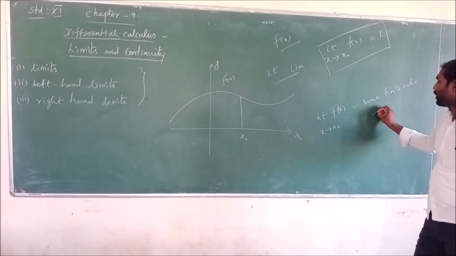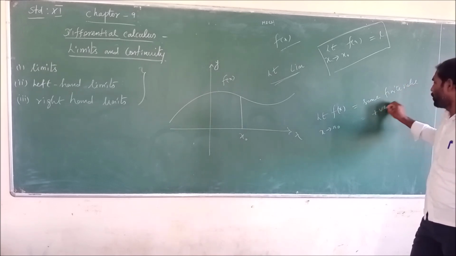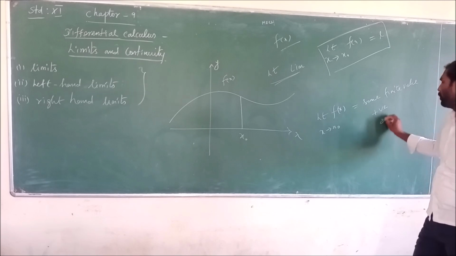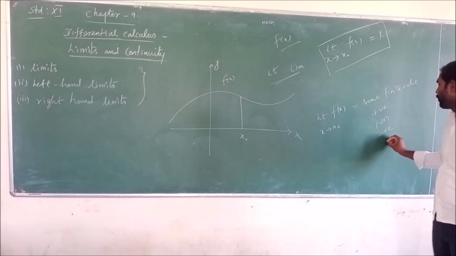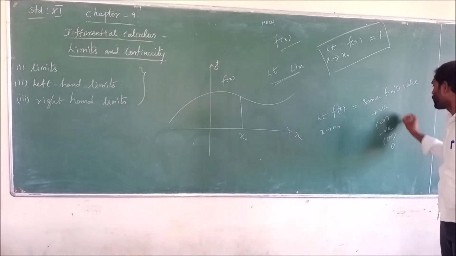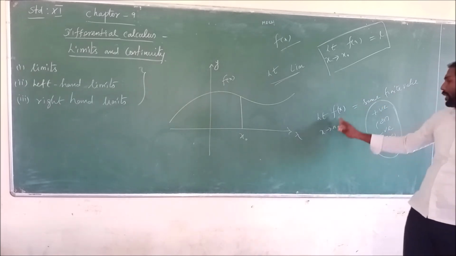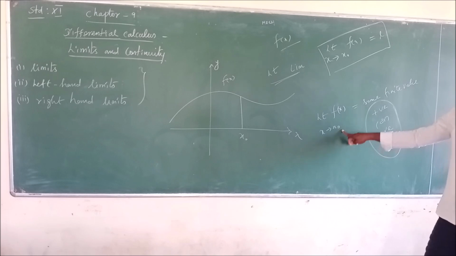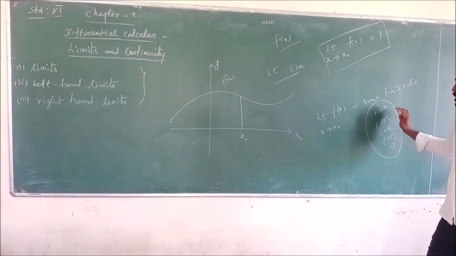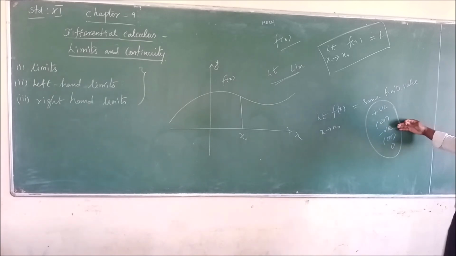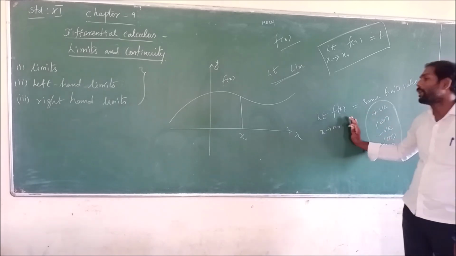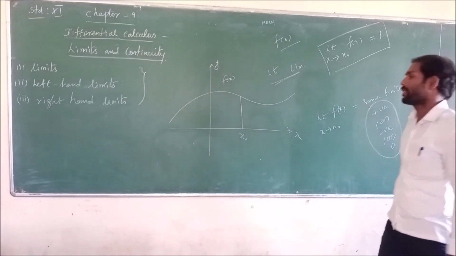These values may be positive, negative or zero. If as x goes to x naught, f of x goes to some positive value, some negative value or zero, it is called the limit of the function.